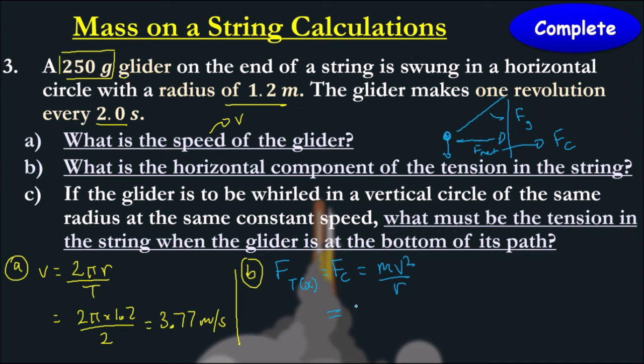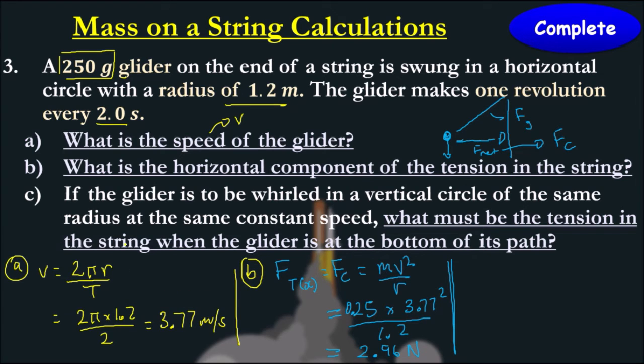So that will be 0.25 to represent the 250 grams times velocity, which is 3.77 squared, divided by our radius, which is 1.2, and that gives us a value of about 2.96 newtons going towards the center point there.